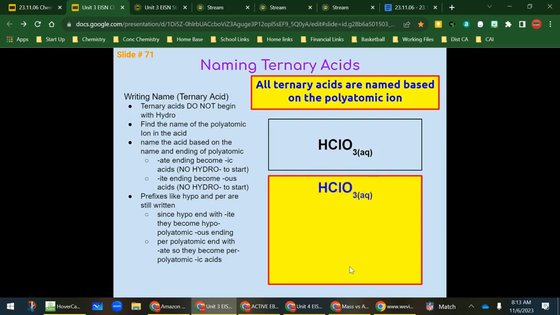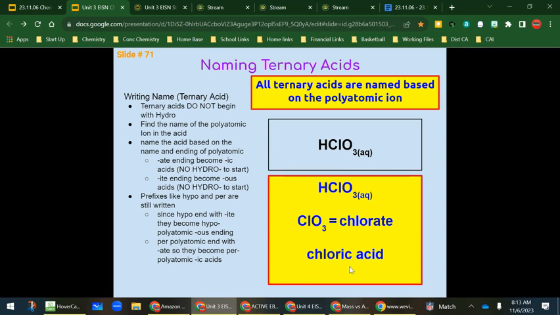So again, here, chlorate, ClO3. That means our acid is going to be chloric acid. We name it entirely based on the polyatomic. We just ignore the hydrogen in the front. We're not ignoring it. We're accounting for it by saying chloric acid.